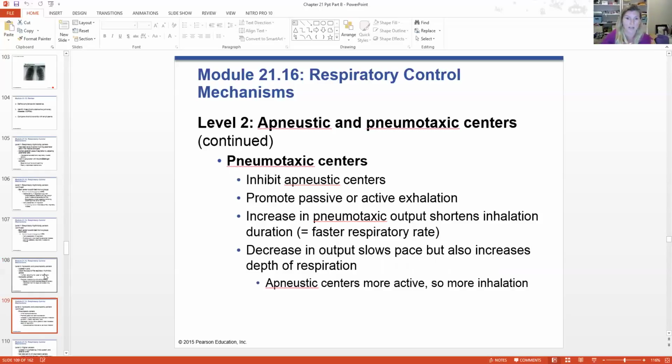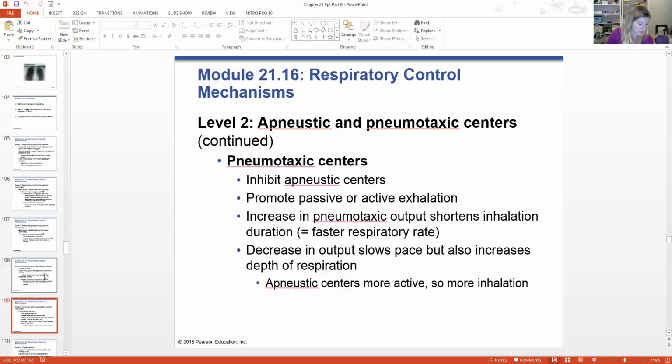This is going to promote exhalation. So an increase in pneumotaxic output is going to shorten the inhalation duration, meaning you have a faster respiration rate. A decrease in output is going to slow the pace, but it's also going to increase the depth of our respiration. So the apneustic centers can be more active during inhalation.